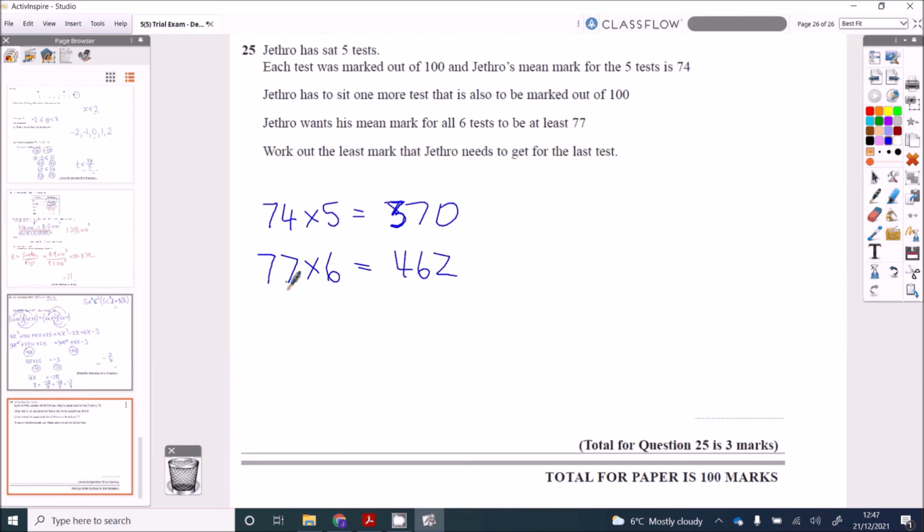So how many marks does he have to get in this 6th test to get from 370 to 462? Well, we obviously just take one away from the other. He's got to get 92% in the last test in order to end up with a mean mark of 77. So work out the least mark he needs to get. It's 92 out of 100.